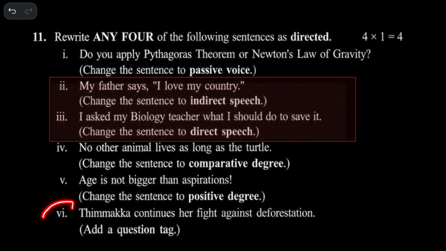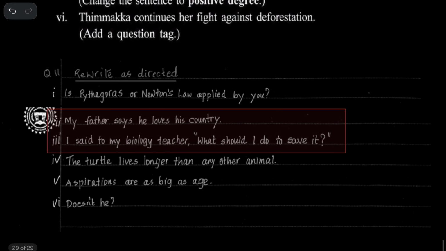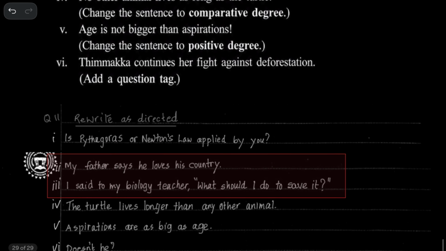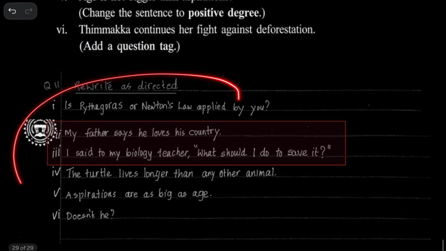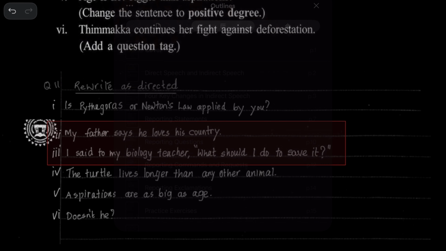See, six questions are there, and you'll be asked to write any four answers for 4 marks. But as usual, I suggest you write answers to all the six questions in the same order, because even if you make a mistake or two, you will still get your marks. Write your answers neatly, write the bit number and the roll number, question numbers correctly that way.